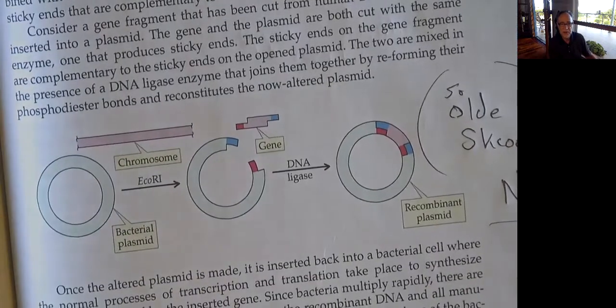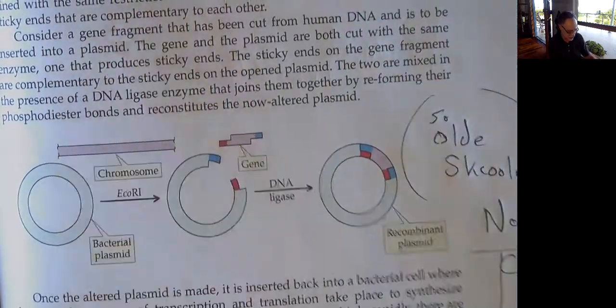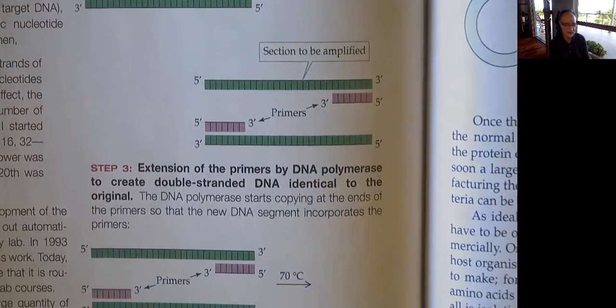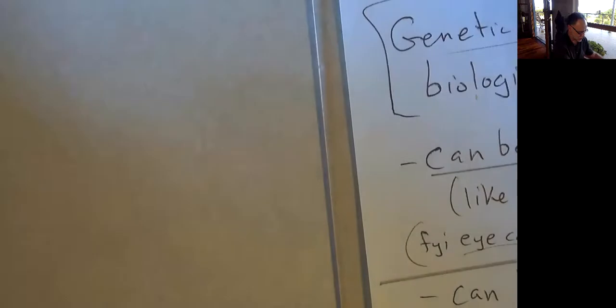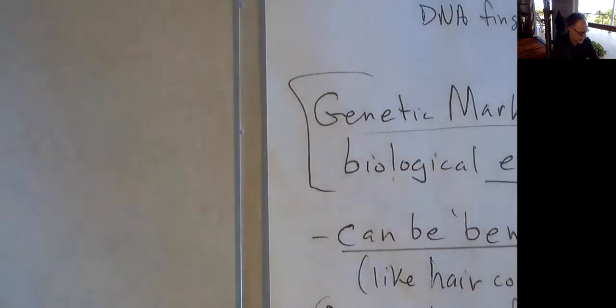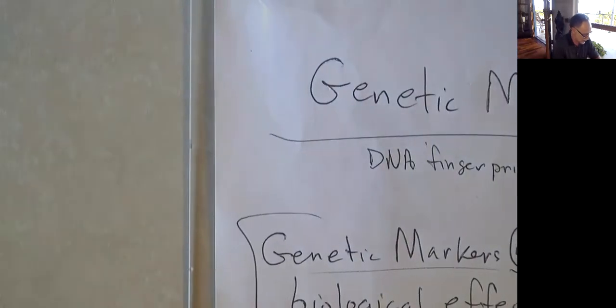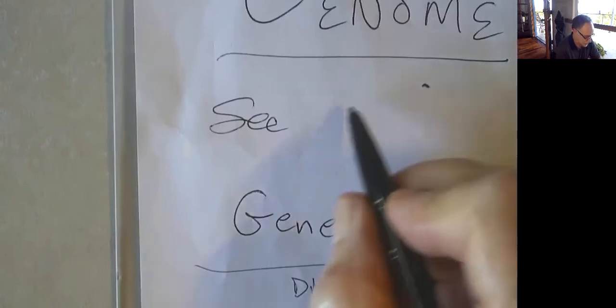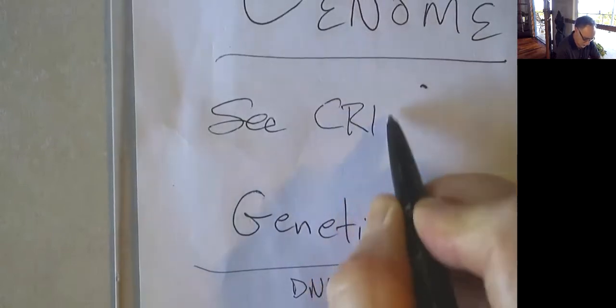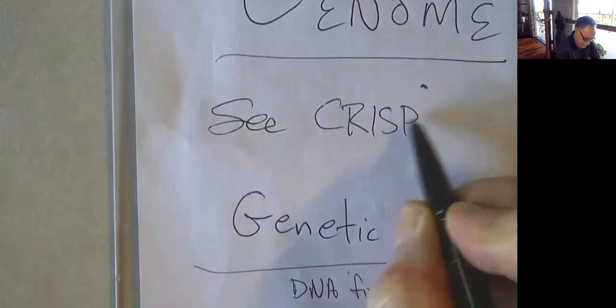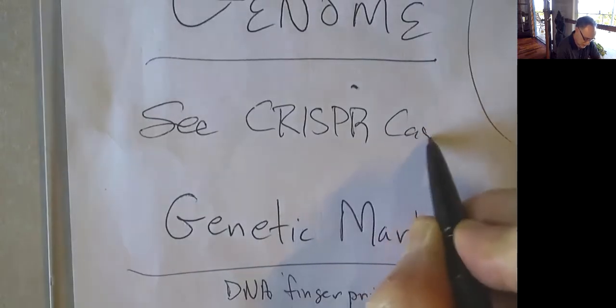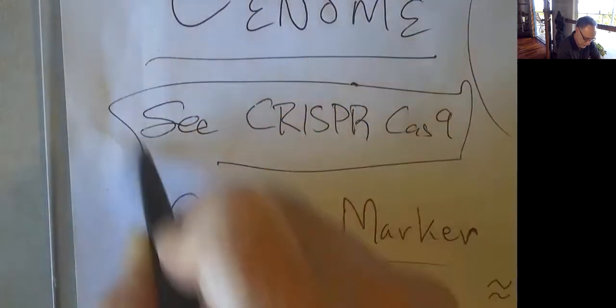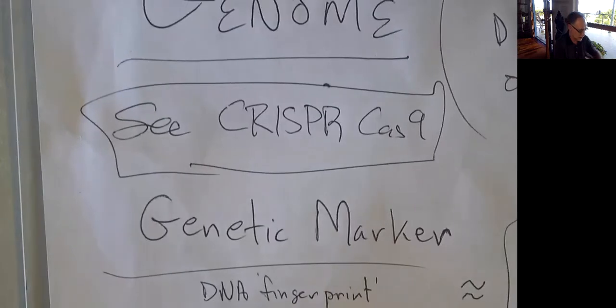It was really painstaking, took a long time, and was very tedious. I would have gone into this area, but it was just too tedious. But now with CRISPR-Cas9, it's phenomenal. So look that up. CRISPR is an acronym, and Cas9 is the protein for genetic modification.